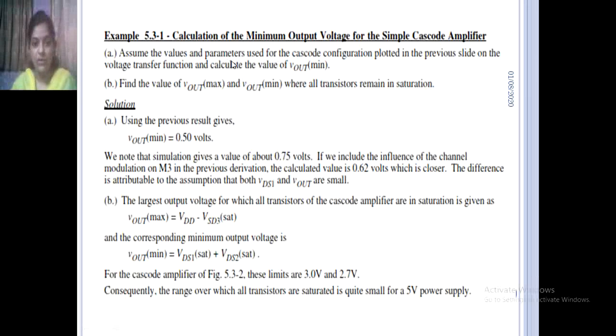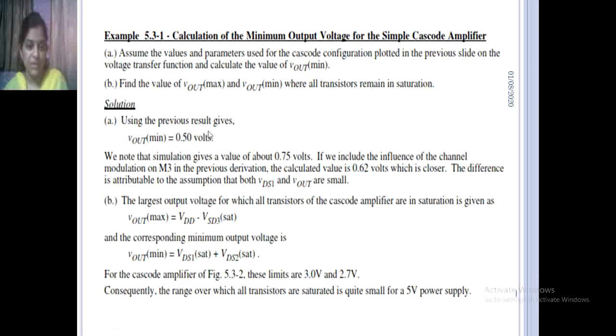Let us take one example of calculating the minimum output voltage for the simple cascade amplifier. Assume the values and parameters used for the cascade configuration plotted in the previous slide on the voltage transfer function and calculate the value of Vmin. Find the values of Vout min and Vout max where all transistors remain in saturation.